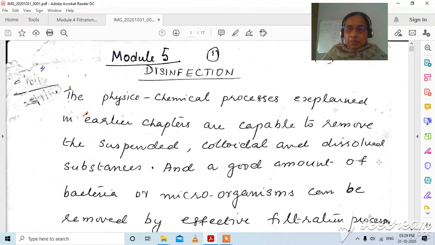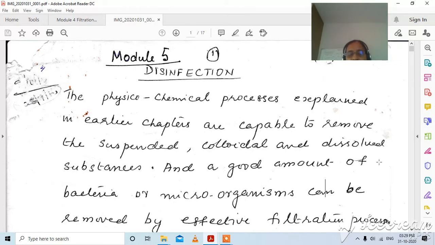It is there for the biological removal also. Now here we are learning how to disinfect the water. We are not removing the impurities, we are not destroying all the microorganisms or the pathogenic bacteria in your water, whereas you are inactivating the pathogenic bacteria which is present in the water.